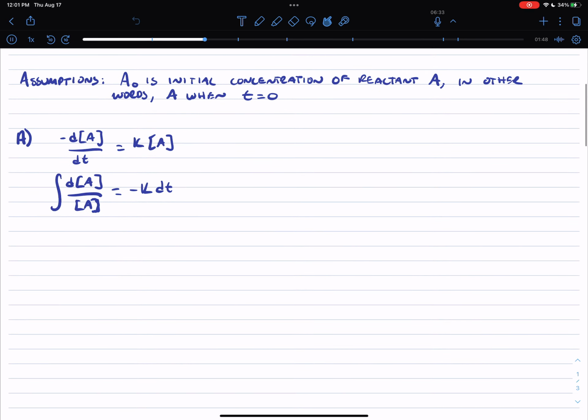And so if we integrate both of these, on this side it's going to be natural log of A, and on this side we're going to get negative K T plus C.